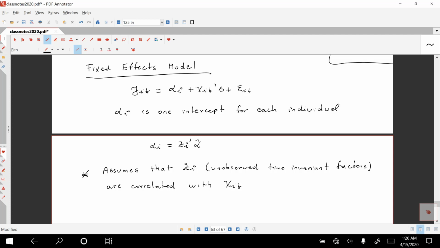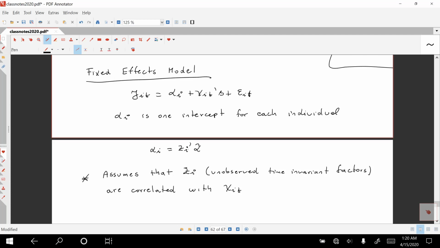This idea comes back into play here, so have that in mind. That's going to make this fixed effects model robust to certain forms of endogeneity.